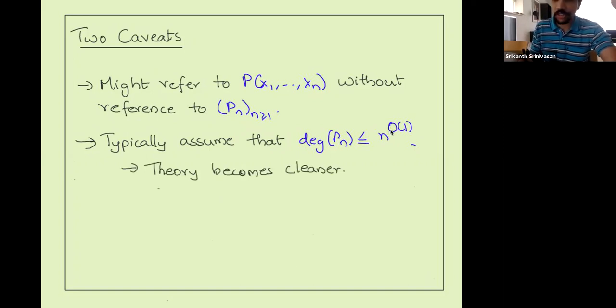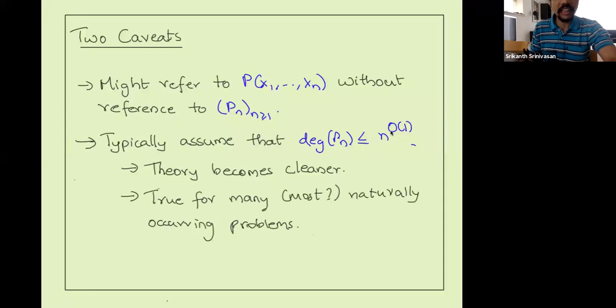So it's best to see it first in this setting, and even if you're interested in other situations, maybe generalize from here. And the second reason is that this is actually true for many naturally occurring problems. For all the four examples that I mentioned in the previous slide, this happens to be the case, and it's usually the case for most computational problems that we look at. So already dealing with this setting is a very interesting setting for us to look at.